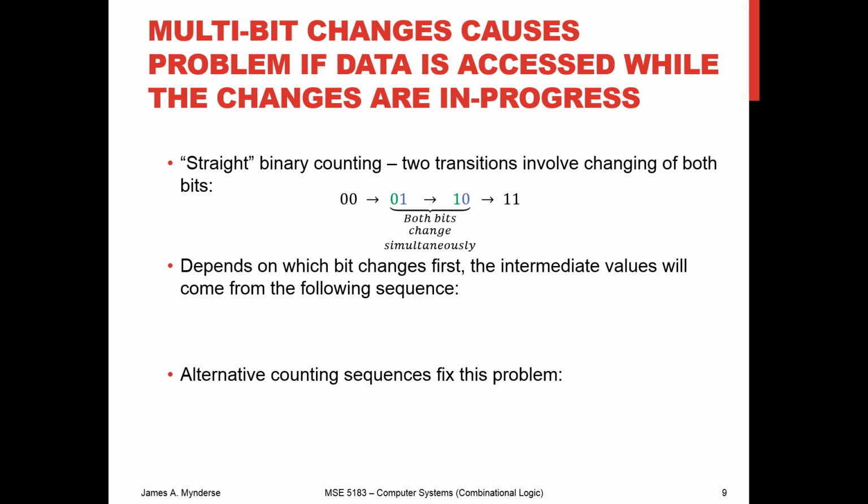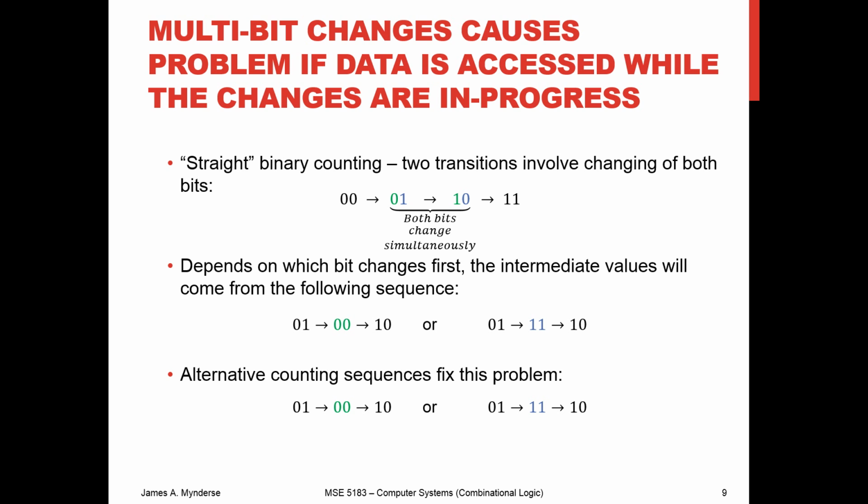So let's look at the cases here. When we go 0, 0, 0, 1, 1, 0, 1, 1, it's possible that the second digit, going from 0, 1 to 0, 0, is going to happen first. Or it's possible the 0, 1 will go to 1, 1 first. We don't know which one it's going to be, and either one is not really right. What we really want is that 1, 0 to end up.